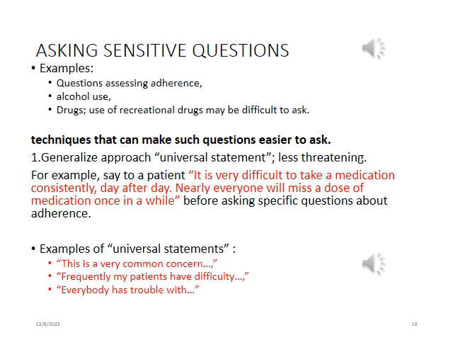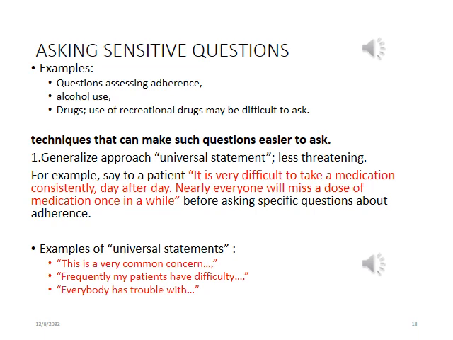Okay. What about asking sensitive questions? Some questions that we may ask patients are sensitive. For example, some questions assessing adherence or alcohol use or some drugs. If we are going to ask a patient about adherence, before that, there are some techniques that may help in asking such questions.